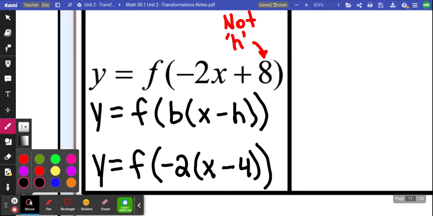That happens all the time. So now that we're at this point where we have all these transformations combined, you have to make sure you always separate b and h. This was technically b times h. It was not just h. By factoring it out, then you can figure what h really is.